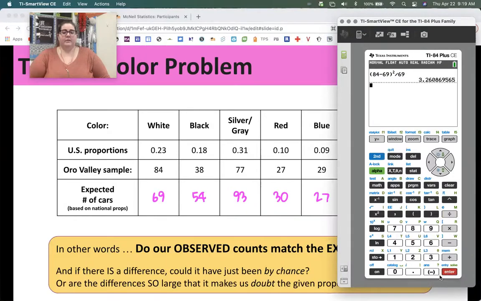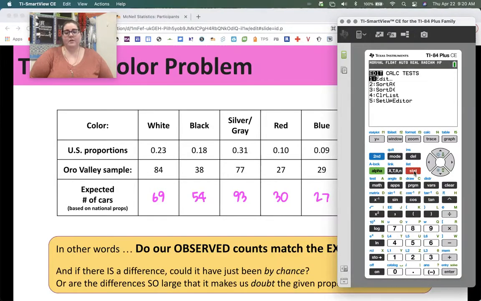And then I'm going to add the second one and do the same thing for black. So 38 minus expected, which is 54, squared, divided by expected. Notice that I'm staying positive. So even though that difference was negative, because I squared it, that made it positive. And then dividing by 54 kind of brings it back down to where we're not dealing with huge numbers. So if I were to keep adding those up together, that would give me my chi-squared statistic.